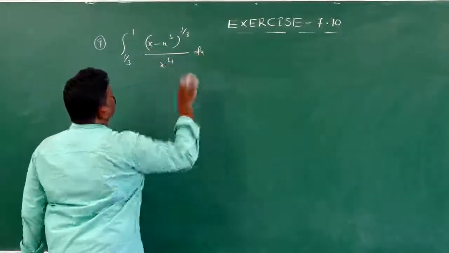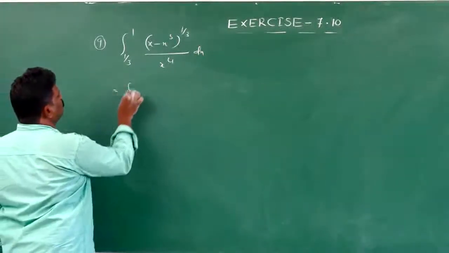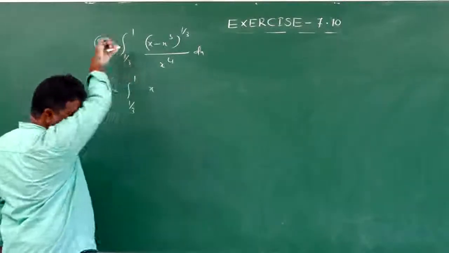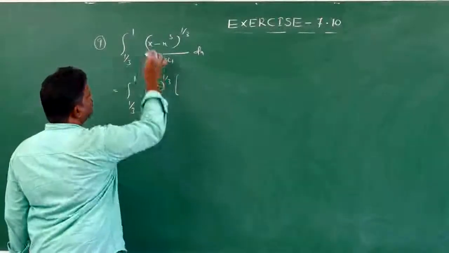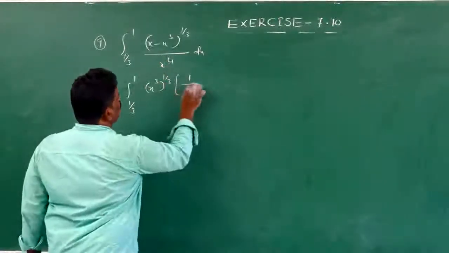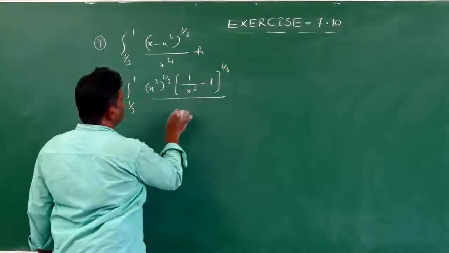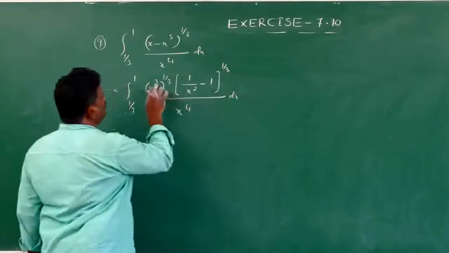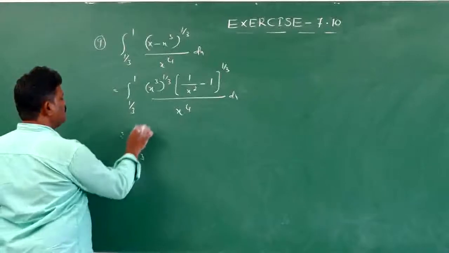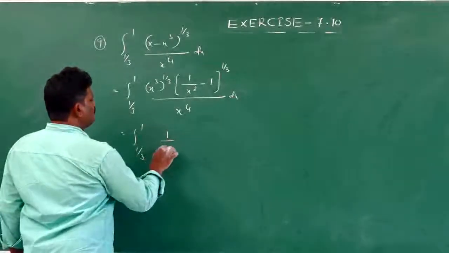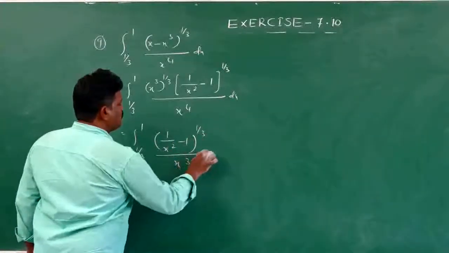Taking x cube common in the numerator, we get x cube whole power 1 by 3, which is x, times (1 by x square minus 1) whole power 1 by 3, divided by x power 4. The x cancels with x power 4, leaving the integral from 1 by 3 to 1 of (1 by x square minus 1) whole power 1 by 3 by x cube dx.